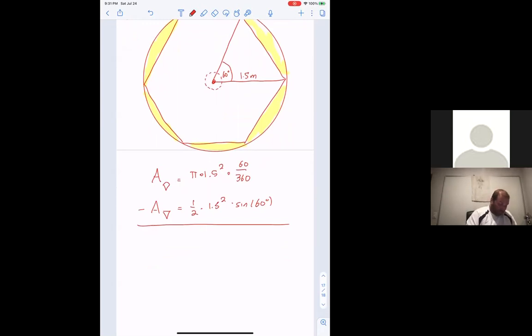So pi times 1.5 squared times 60 over 360 gives 1.18, minus 1.5 squared, which is 2.25, divided by 2 times sine of 60 degrees, which is 0.974. When I subtract them, this gives me 0.204. And then if I multiply by 6, therefore, the area of the grass is 1.22 square meters.